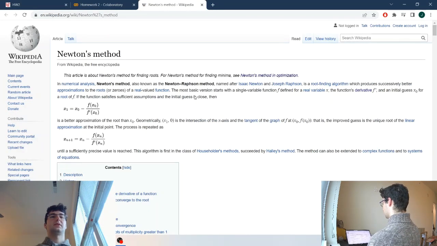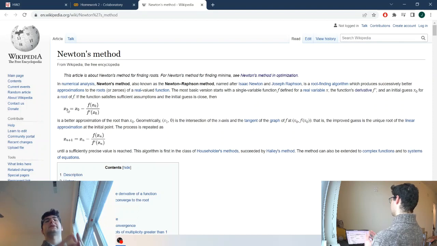Our original Newton's method worked by calculating the next x value to test by taking our first x value and subtracting the function evaluated at that x value divided by its derivative.